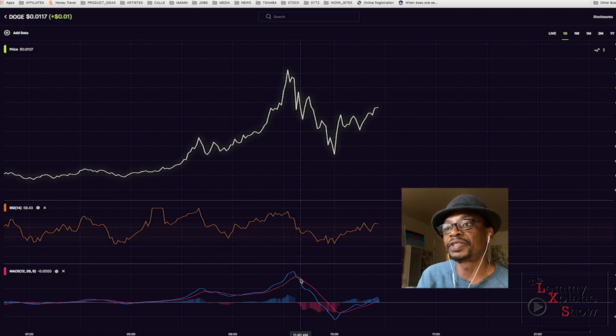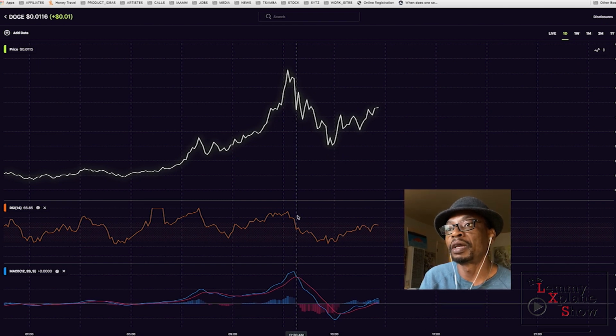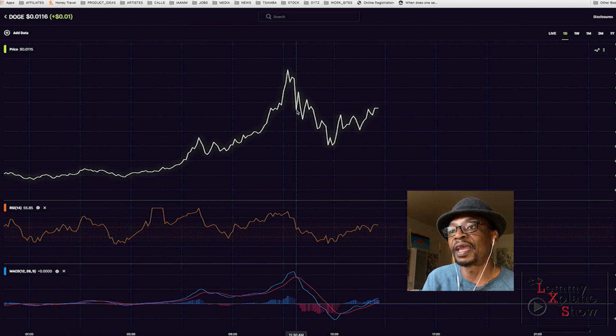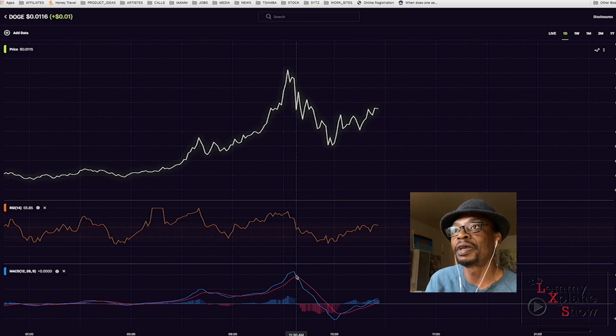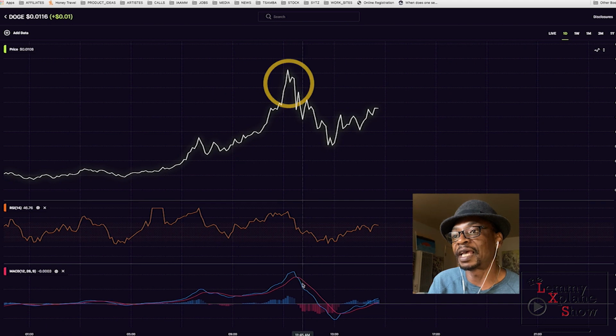And if we look at the stock chart, you can see that the stock dipped right there. This happened when the blue line started to come down and the stock fell. And once again, as the blue line is coming down, the stock is also coming down.